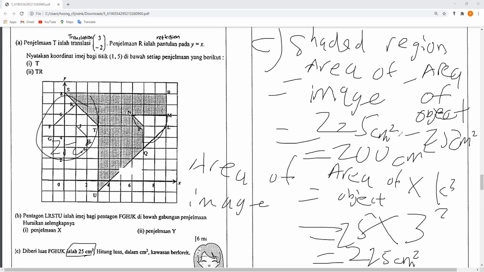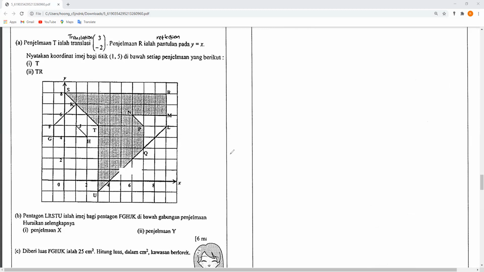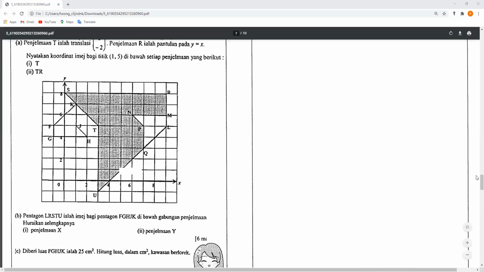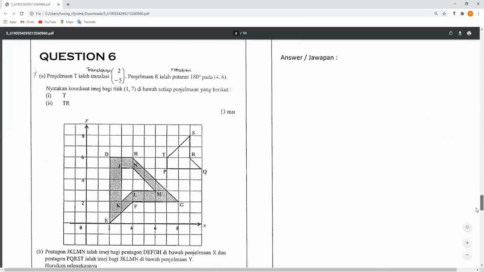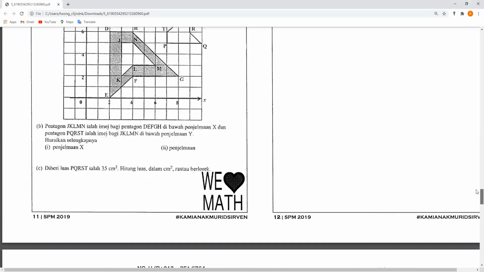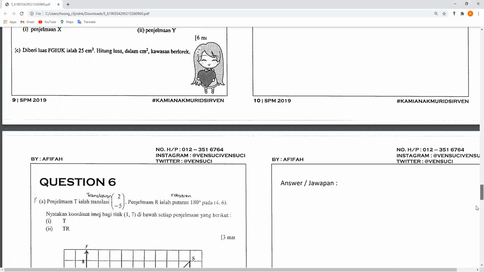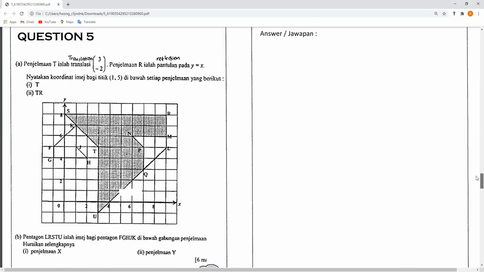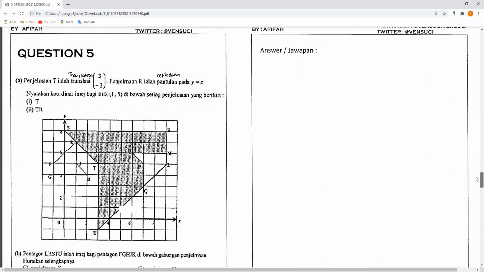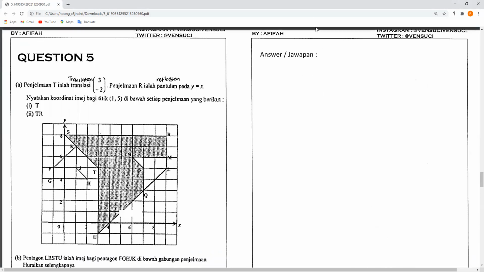So here's the answer for C. That's all for today. Next week we will discuss question 6 and the homework I gave you today and yesterday. Just do it, then we'll discuss next week.